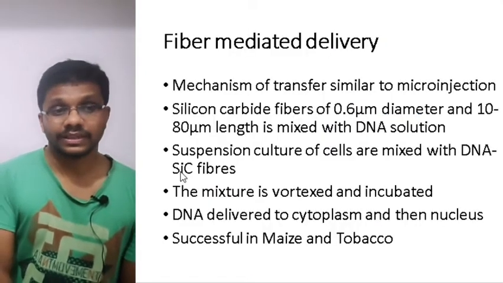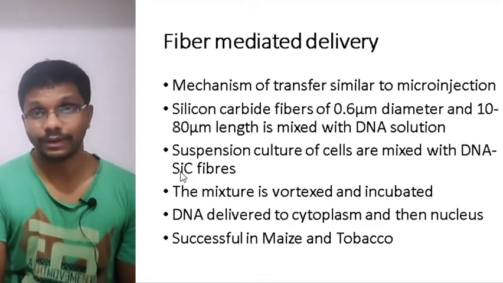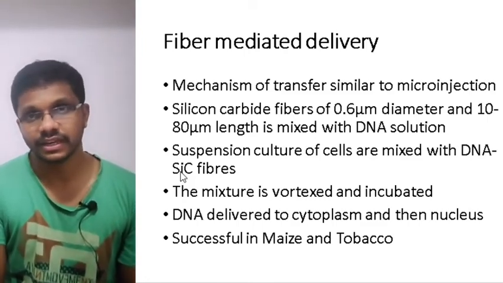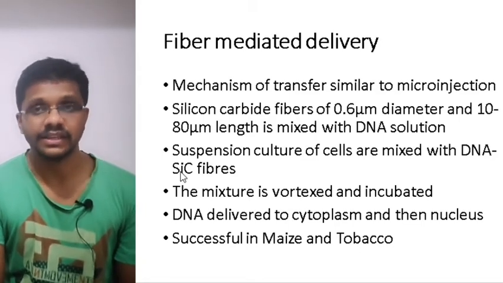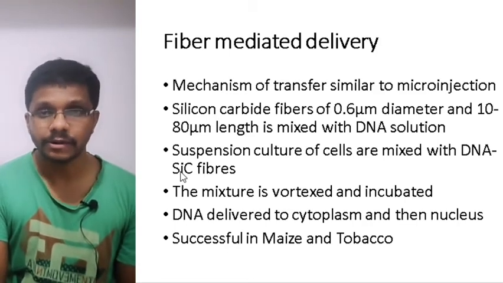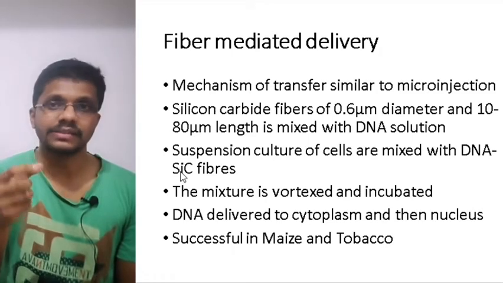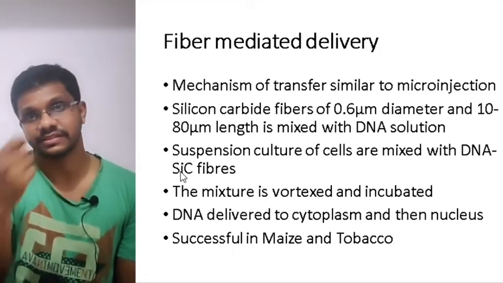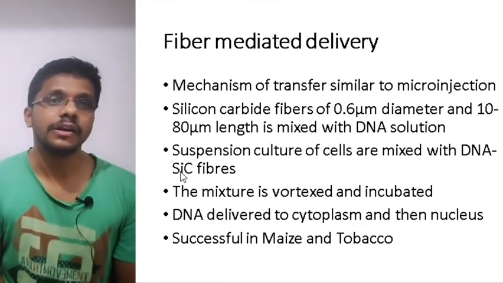Then we have one method called fiber mediated delivery. This is an extension of microinjection, but in this case we are not injecting each cell separately. Instead, we are using capillaries made of silicon. These are very small capillaries, and we mix them with the DNA solution, so the DNA will be inside these very small but very sharp capillaries.